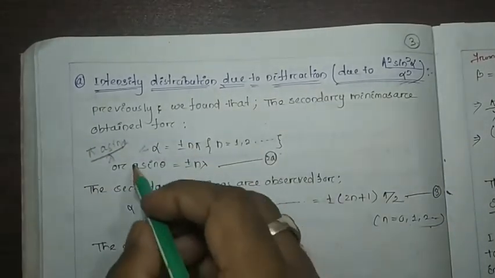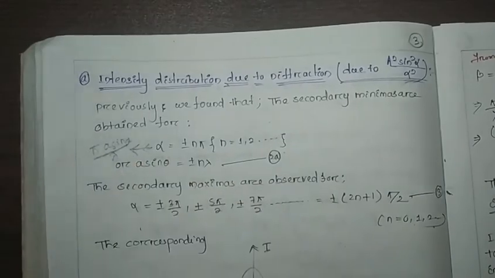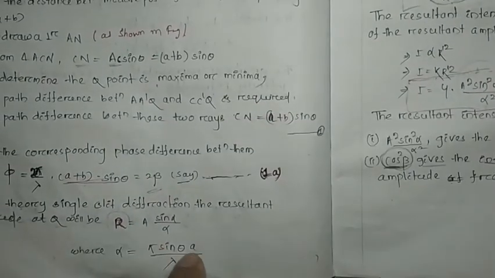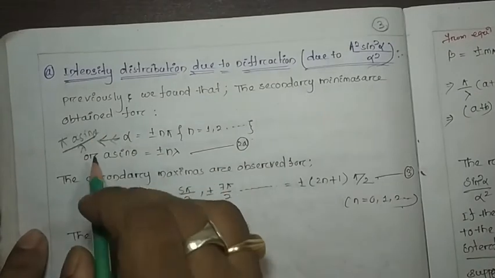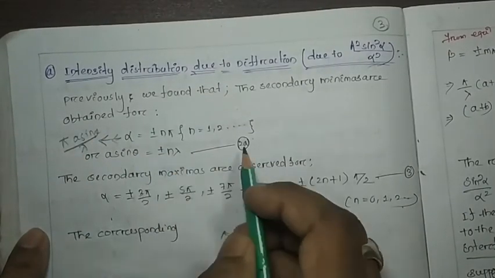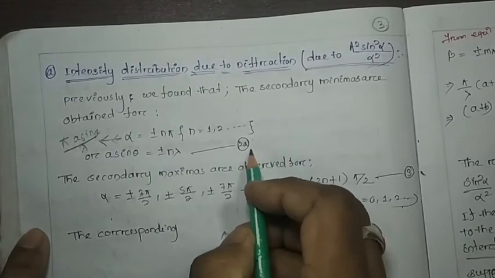Here also we have written these things: pi sin theta A by lambda, the same thing. Then we find A sin theta equal to plus or minus N lambda. Let this equation number be 2A.